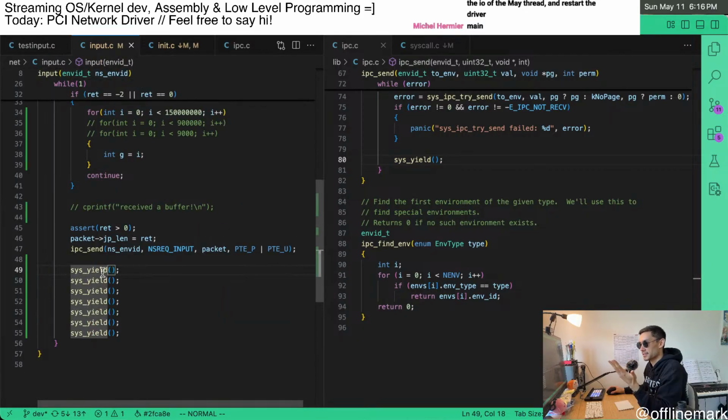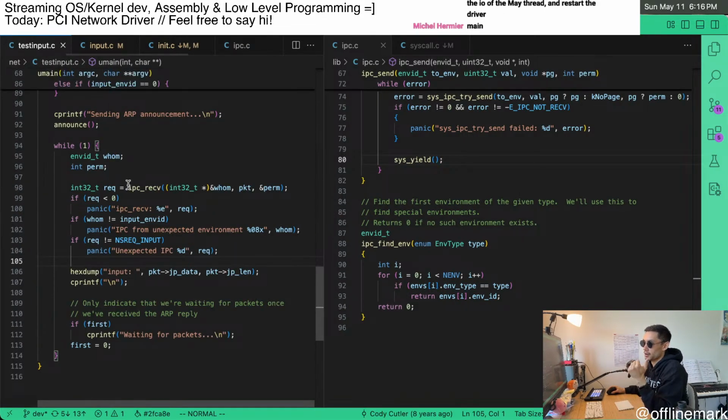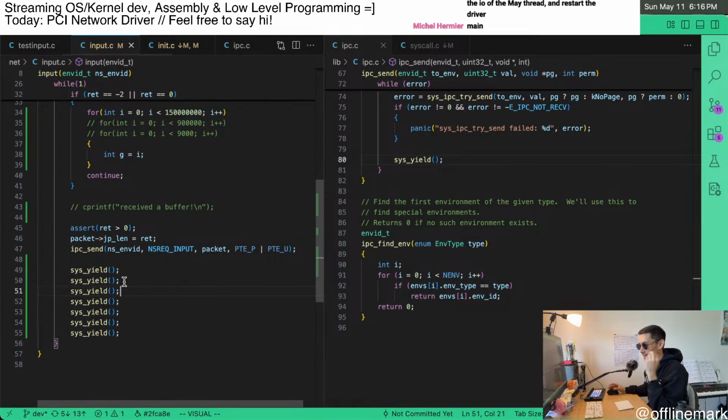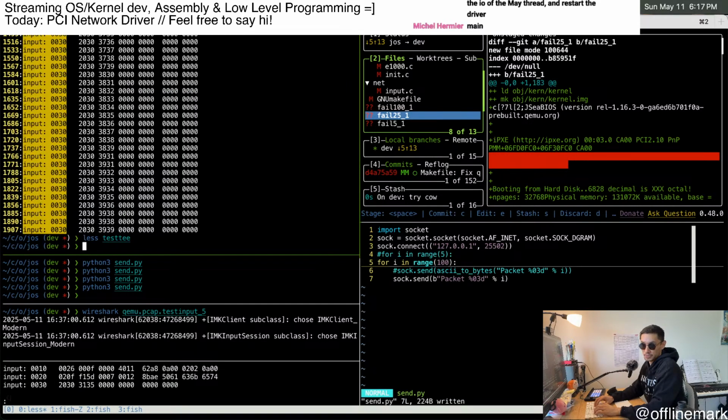But if we have 4 yields, I think everyone will get a chance to run at least once. And hopefully the parent only needs one time to run to get to the hex dump. So here I have 8 yields or whatever, which should be way more than enough. It will definitely slow down receiving data in the OS, but I am hoping this will work.